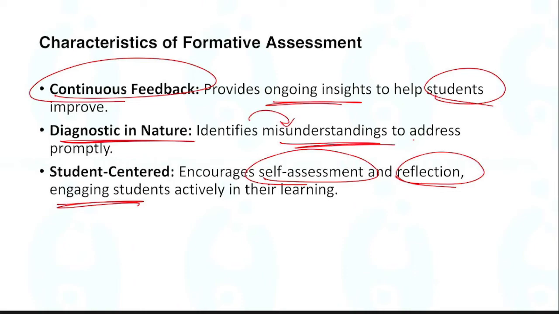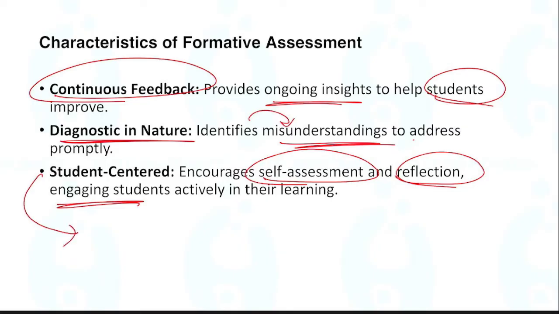Because the student will know formative assessment is a part of learning, the teacher will ask questions. If the teacher asks questions, the student has to listen properly to the class. It cannot be passive learning. It has to be active learning, so that the student can listen, understand, and then try to answer whenever the teacher is asking questions, right?